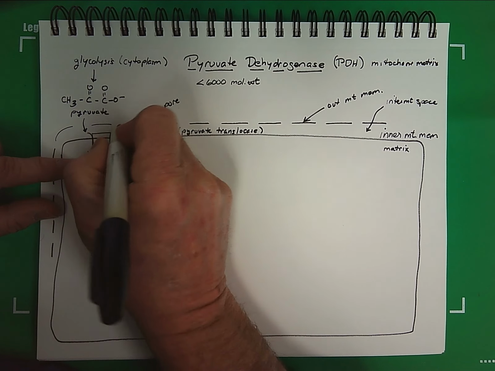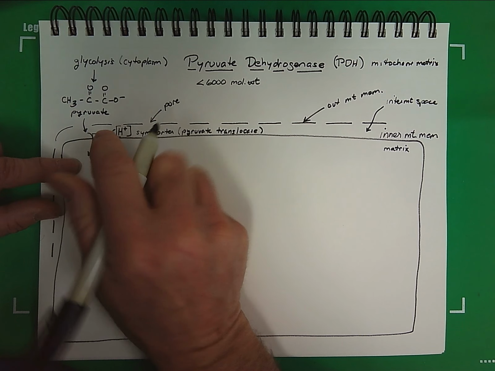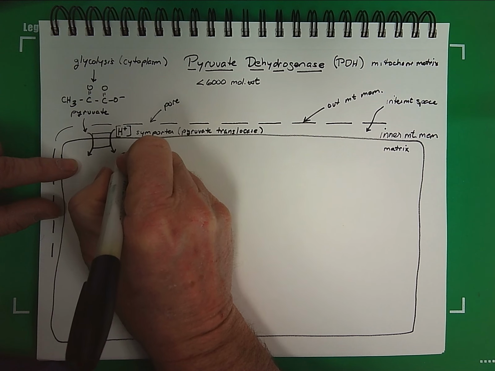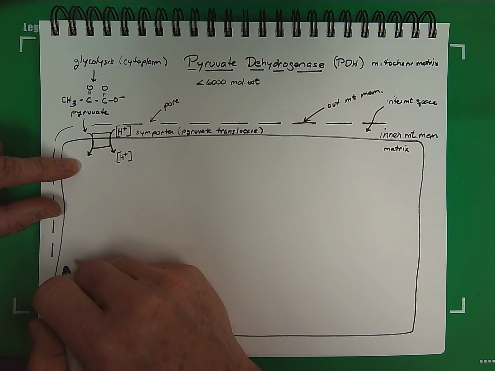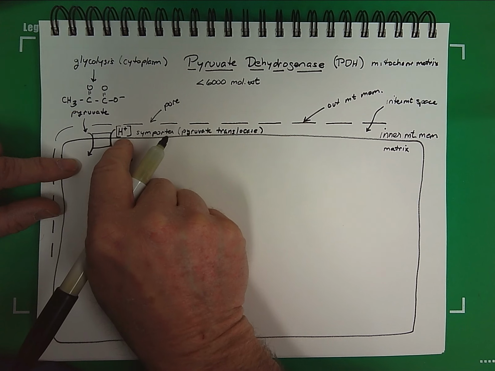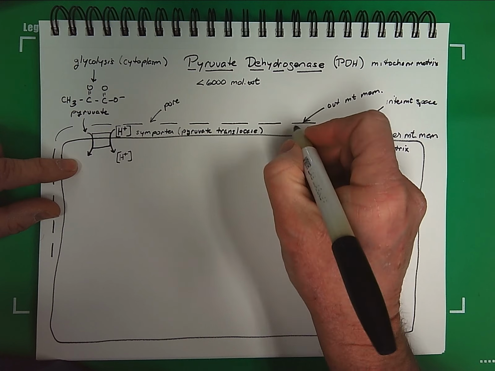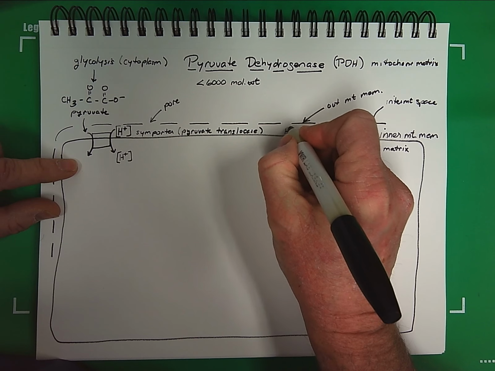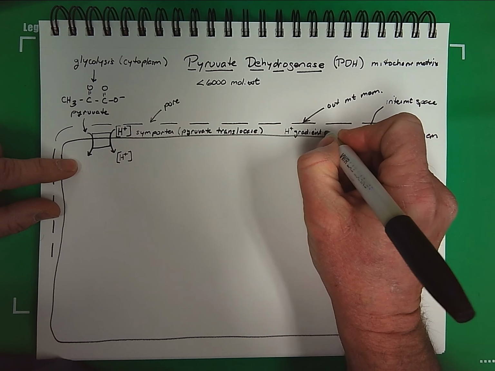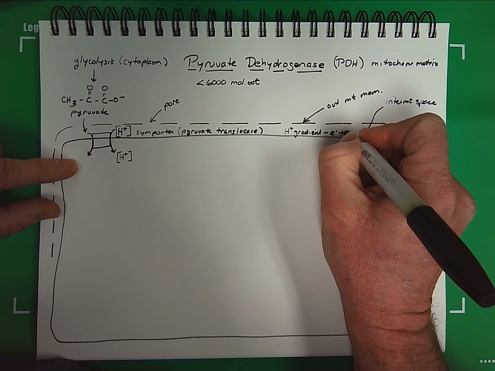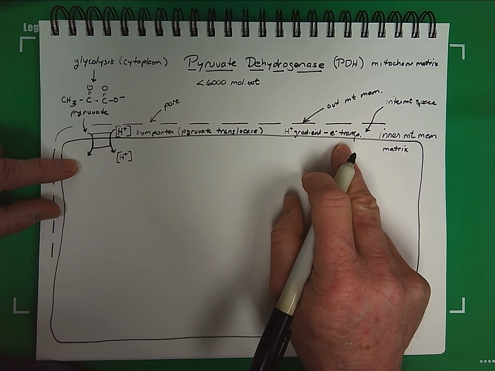So we have a very high concentration of protons in the inner membrane space, and we have a lower concentration of protons in the mitochondrial matrix. We will look at a later video how we generate this gradient, but suffice it to say for now that the proton gradient is established by the electron transport chain. And we'll look at these details in a later video.